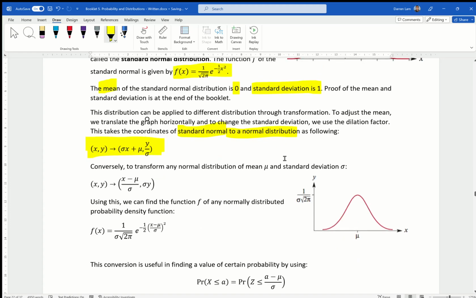Other way around, if we're going from a normal distribution, and I haven't included it here, I'd like you to add it in, to a standard distribution, we use this formula underneath. You will note they're opposites, of course.